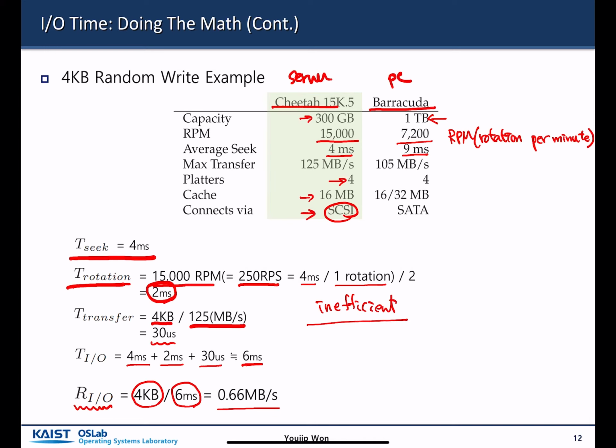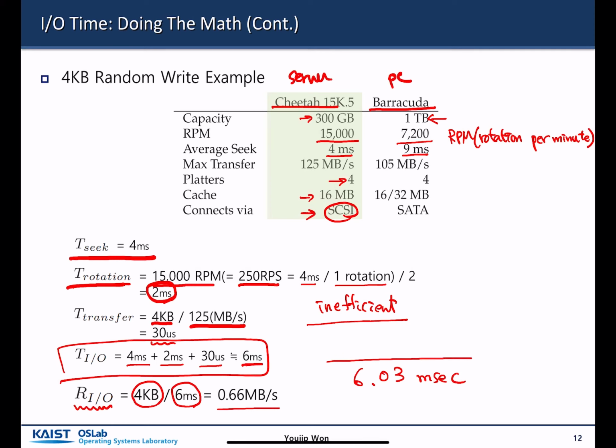Why is that? Think about this time. You are spending 6.03 milliseconds to transfer 4 kilobytes. However, out of that, only 0.03 milliseconds is the actual time to transfer a disk block.